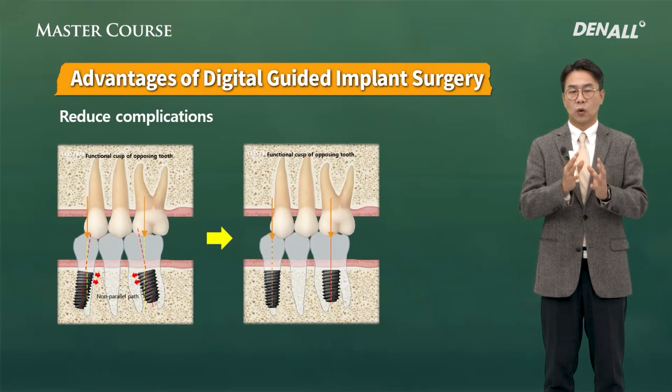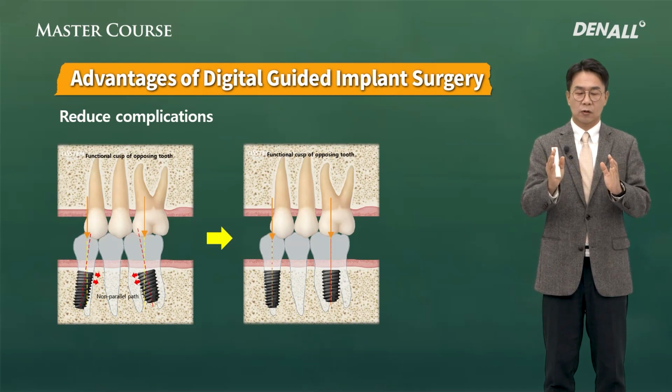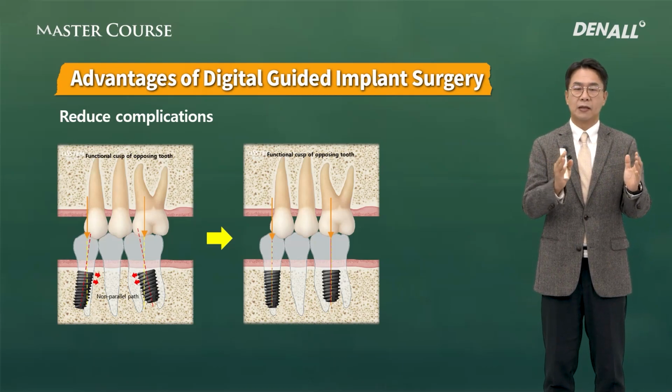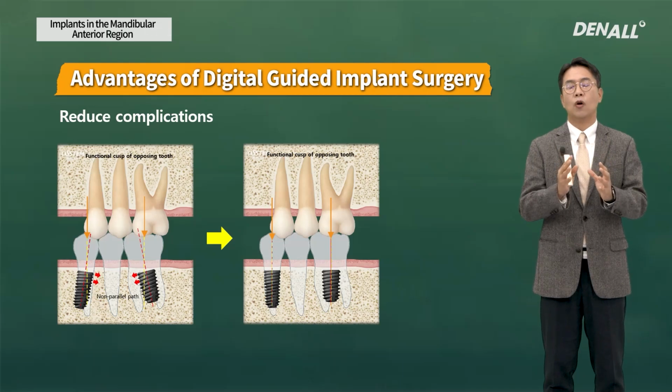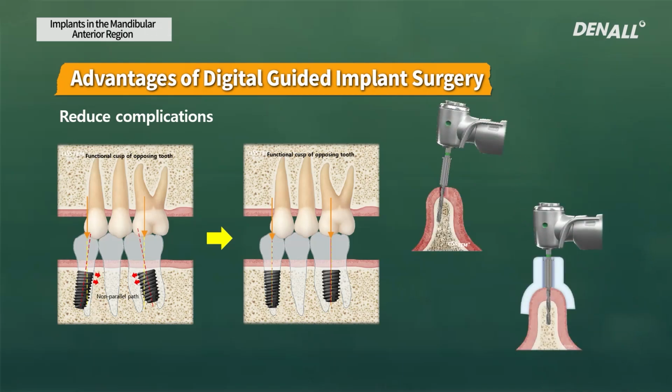That way, even though the implants are not in parallel, we can create the form of prosthesis that we want. One more thing, as I said before, the guided surgery makes a big difference in terms of getting the accurate positioning and stabilizing the drilling path.